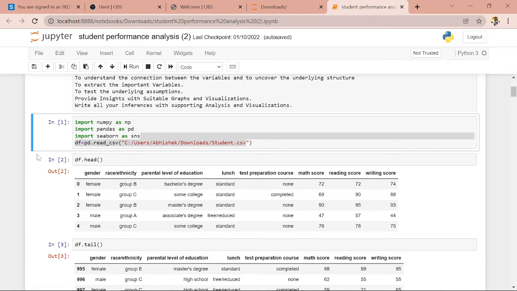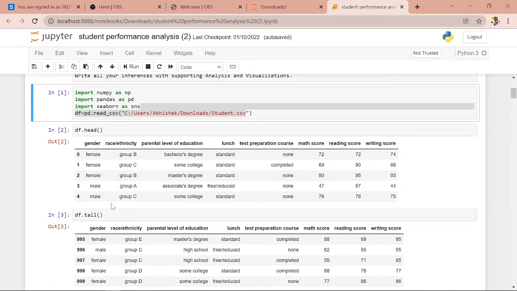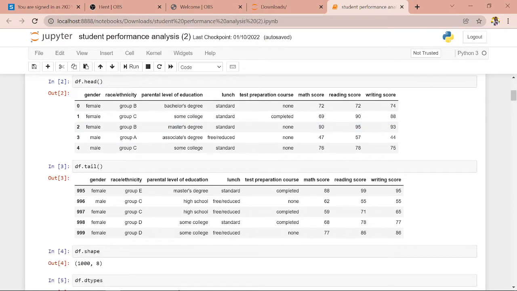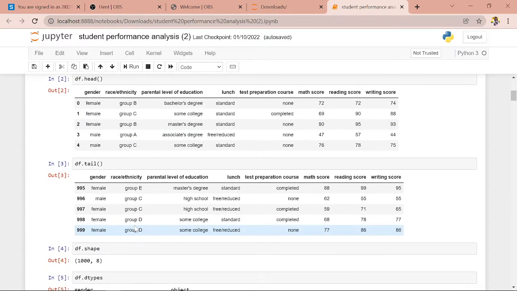Here we have taken about 4 rows and 8 columns. 8 columns is constant. It is a head, and it's df.tail, the last five rows from the bottom.